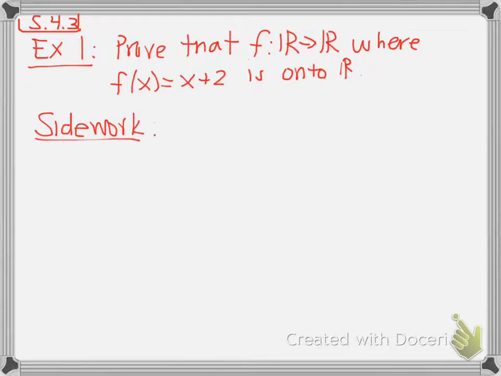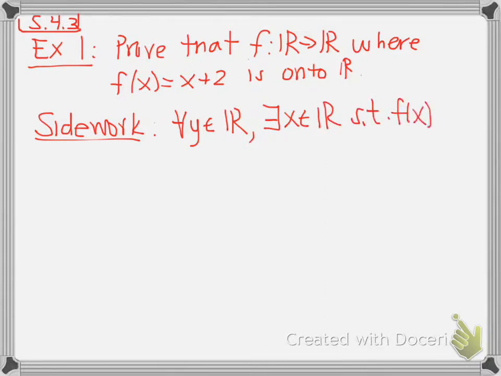Because in this instance, we're saying for every Y in the reals, there exists an X in the reals such that F of X equals Y. And remember, whenever in our proof we see there exists, that means we have to show what it is. For all, it's just in general, but for there exists, we have to show it. So first, let's find out what that X is. That's why we have to do some side work.